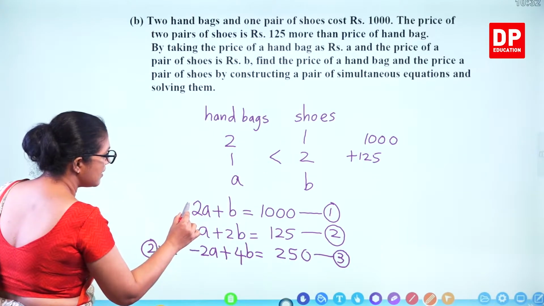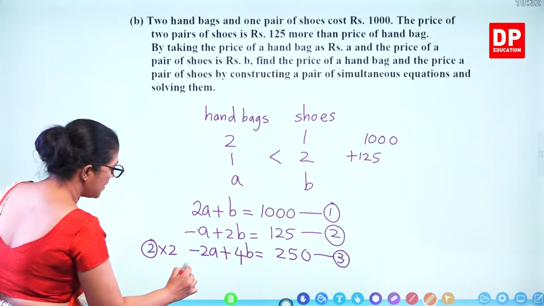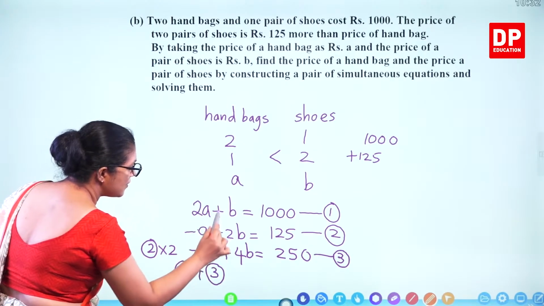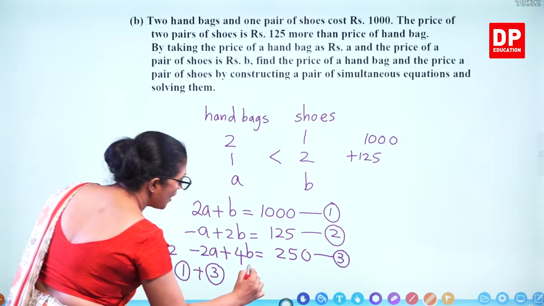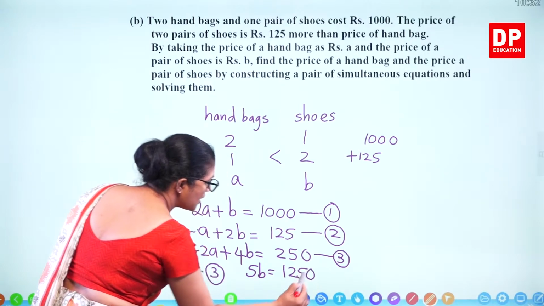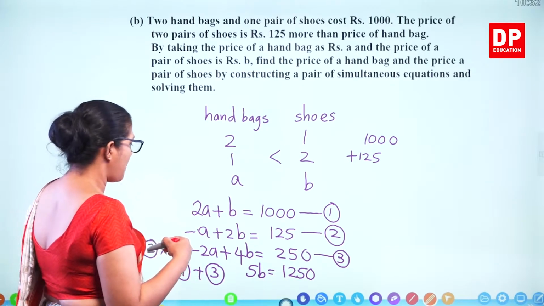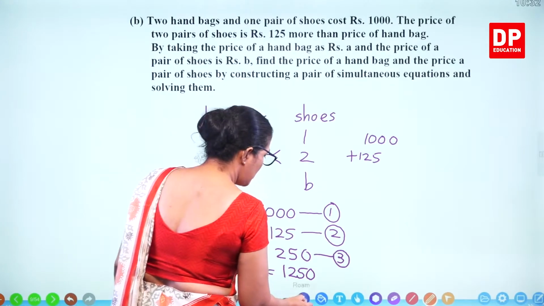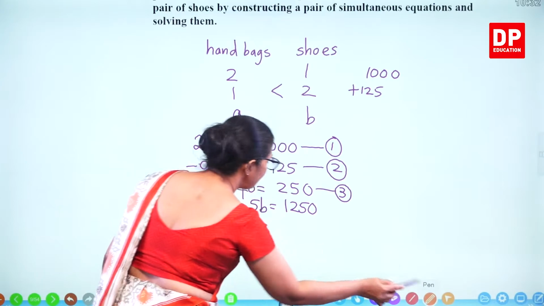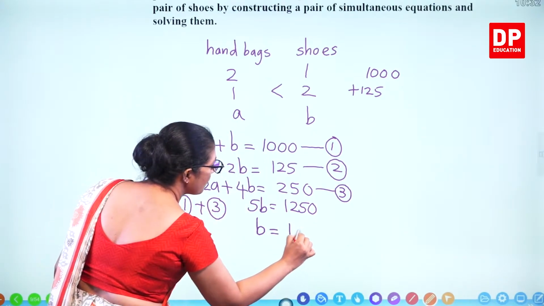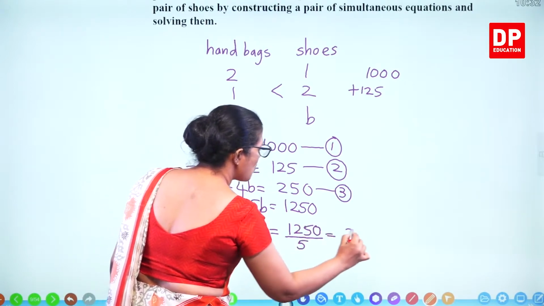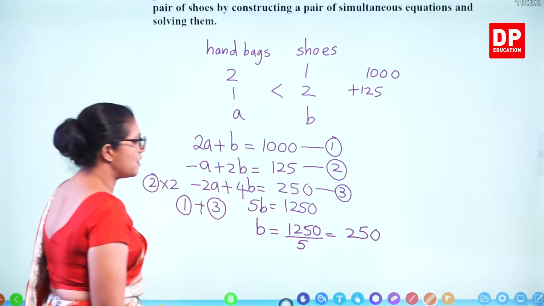And I can add 1 and 3. When you add 1 and 3, a get cancelled out. You get 5b equals 1250. So when you divide by 5, you get b value. So you get 250 for b.